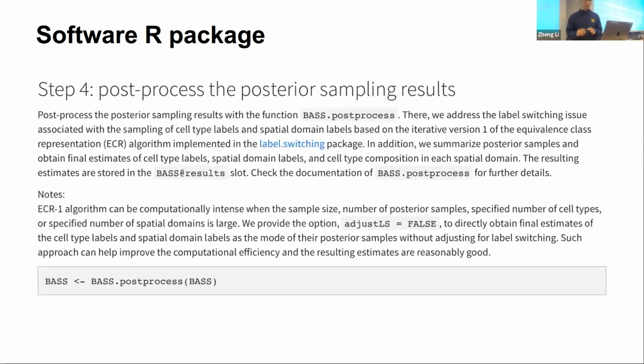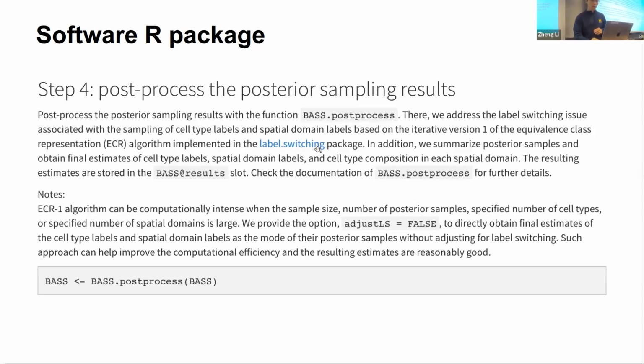And finally, you have to process all the posterior samples from the Gibbs sampling and Metropolis-Hastings algorithm. There are 2 problems we are going to address in this post-processing step.